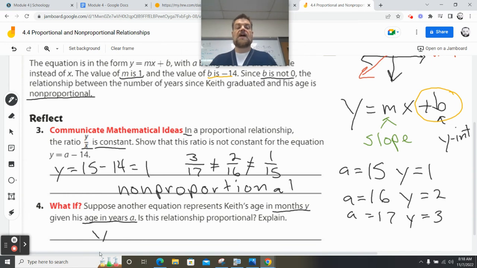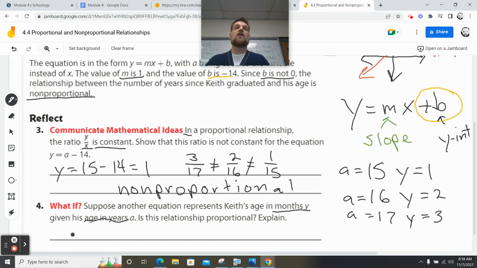So it would be y equals... actually, this would be written differently. So let's think about that. How many months are in a year? 12, right? So I've got to figure out how to write that. Months is y.